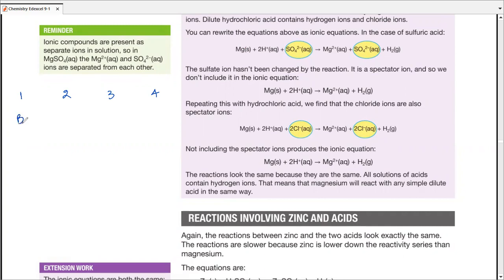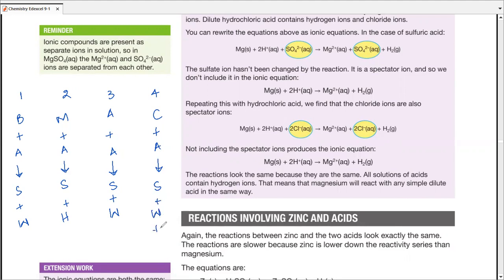The first one was base plus acid that gave us salt plus water, or I can use metal plus acid that can give us salt plus hydrogen, or alkali plus acid that can give us the same product as number one, salt plus water, or I can finally go with carbonate plus acid that can give us salt plus water, plus carbon dioxide.